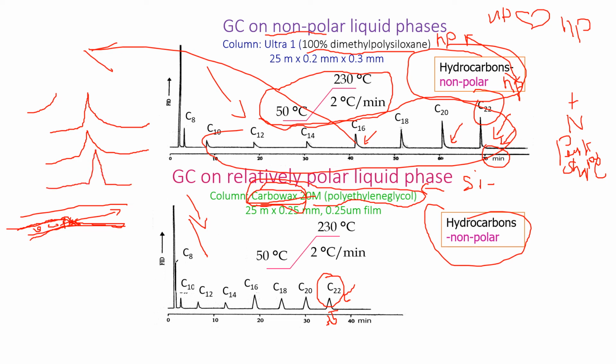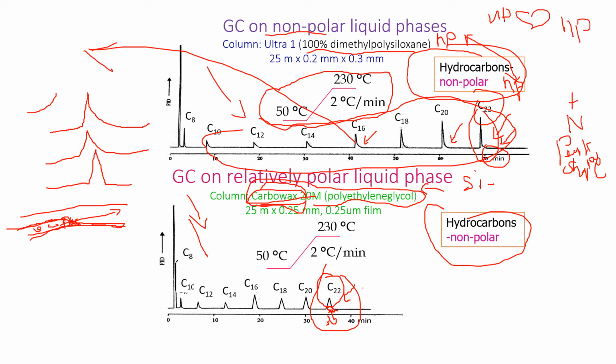So here the peak is okay, peak shape is okay, time is okay. However, the efficiency is slightly lower compared to this one. This one is really sharp and tall. This one is quite broad, and also the peak signal is low.